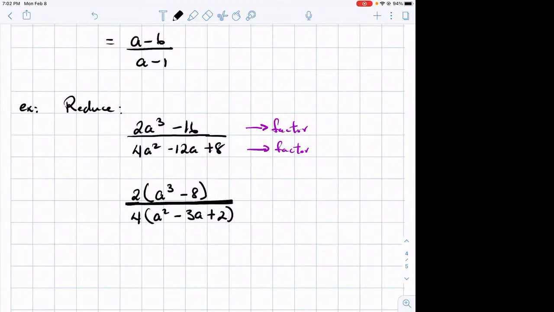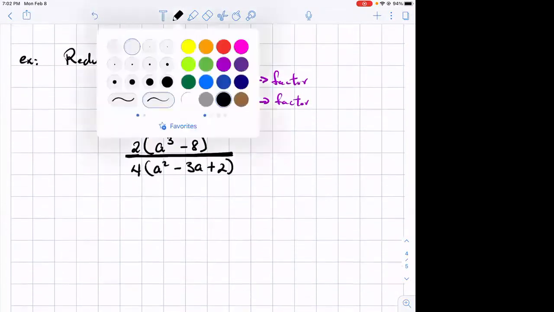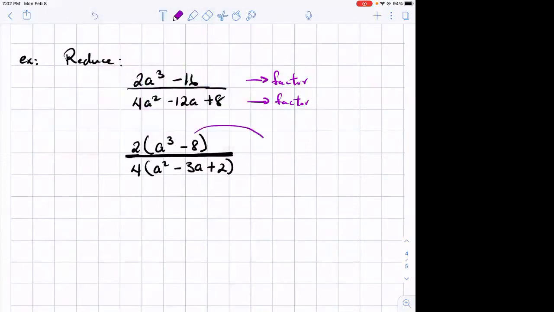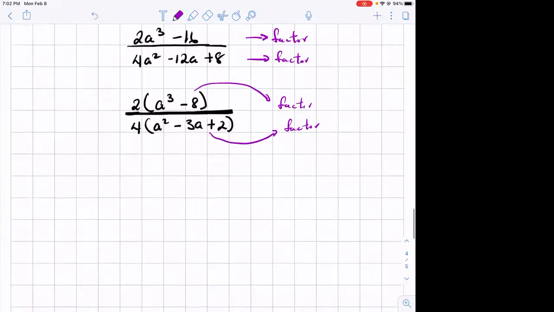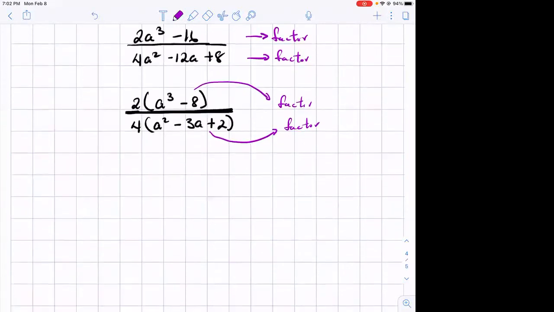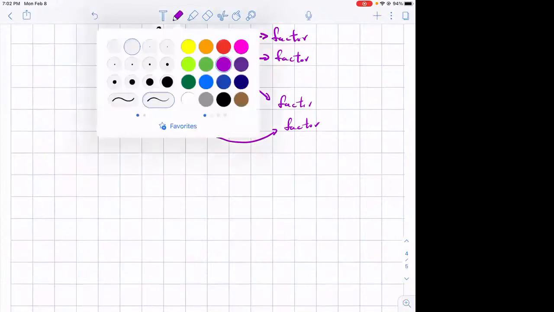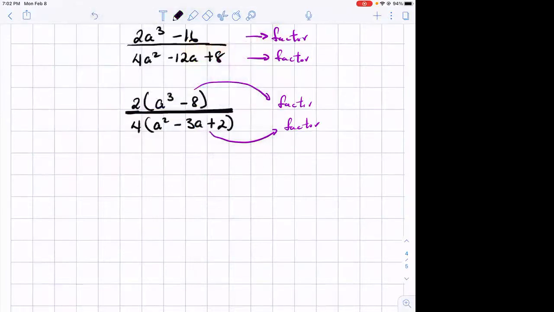Now we can also factor once again. The inside here can still be factored, and the same thing here. Now the top is a difference of cubes, and I had shared the difference of cube formula with you before.